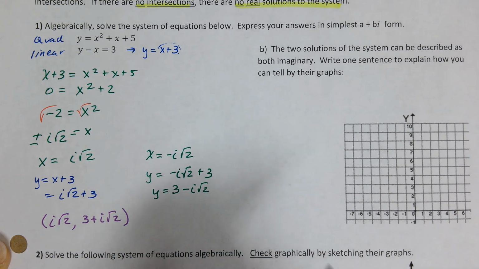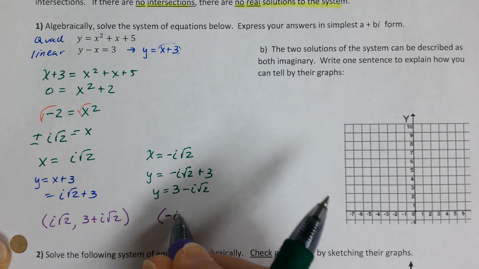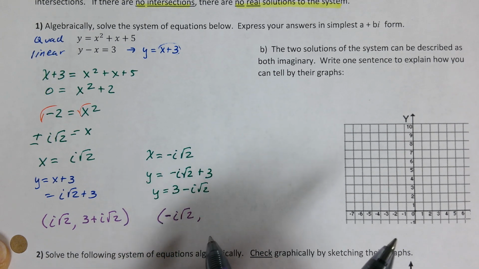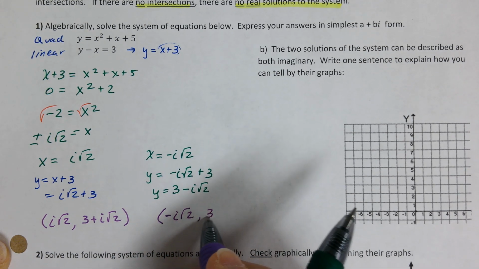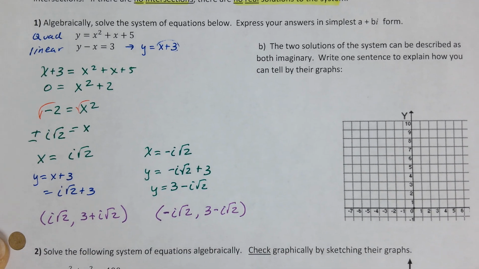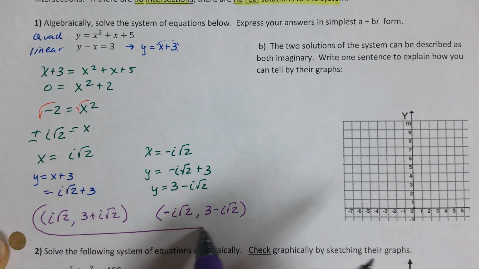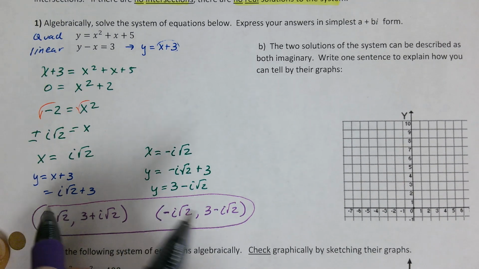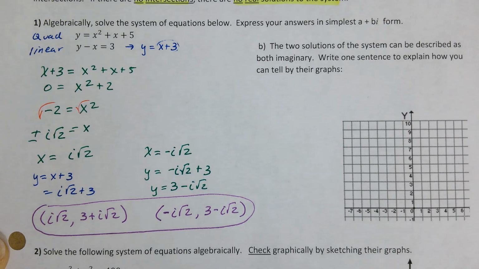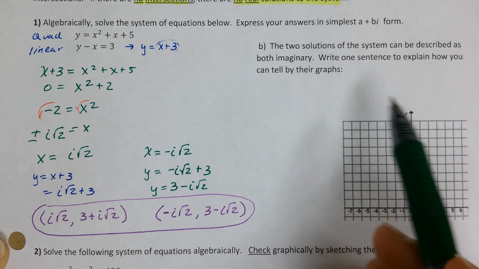So our other non-real solution, negative i square root of 2 is x, and y is 3 minus i square root of 2. So these are our solutions here. They are not real solutions. The 2 graphs of the system can be described as both imaginary. Write one sentence to explain how we can tell by their graphs.